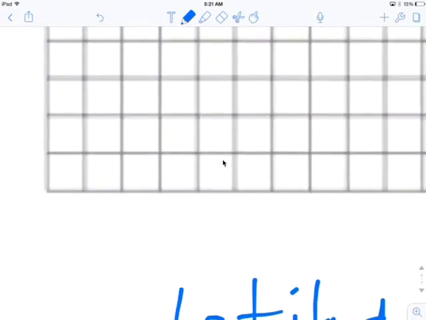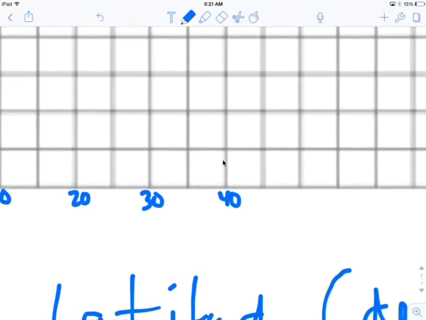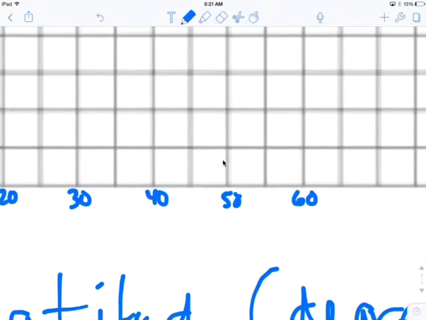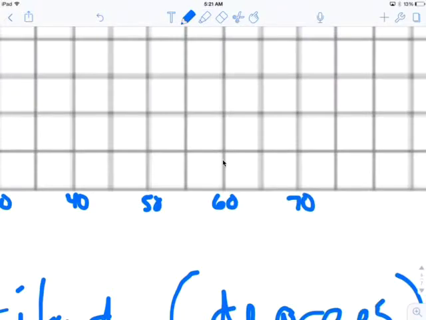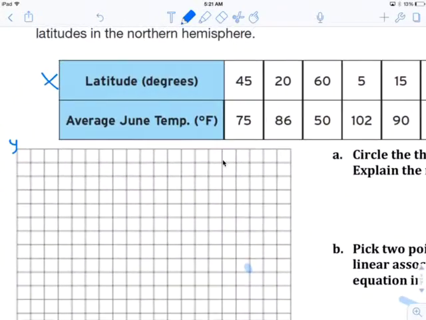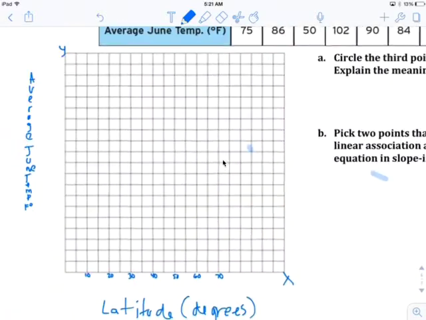So 5, 10, 15, 20, 25, 30, 35, 40, 45, 50, 55, 60, 65, 70. We're good here because our highest degree is 50.